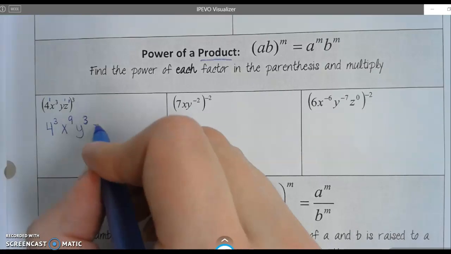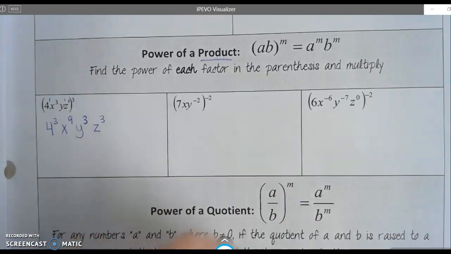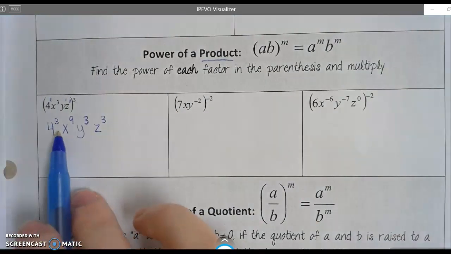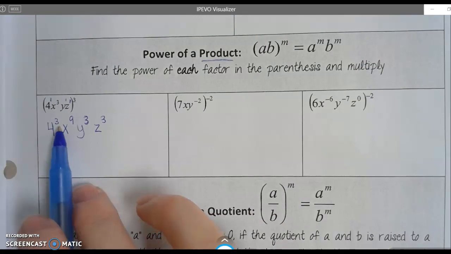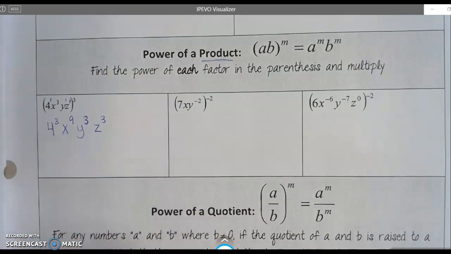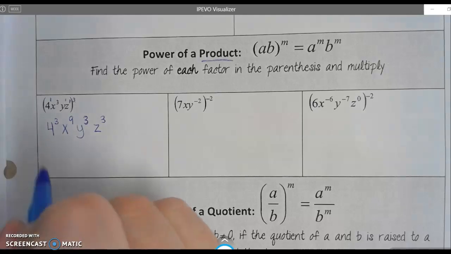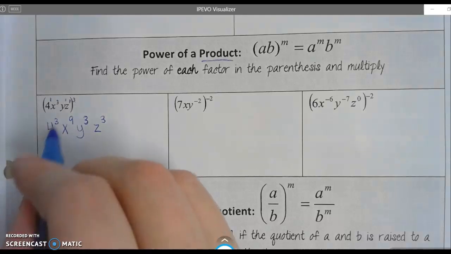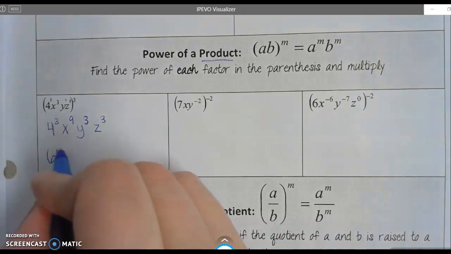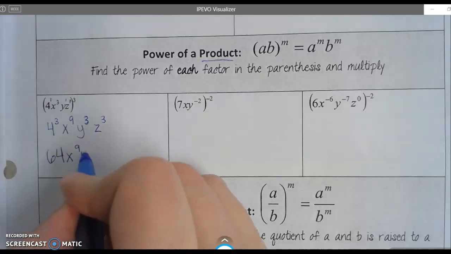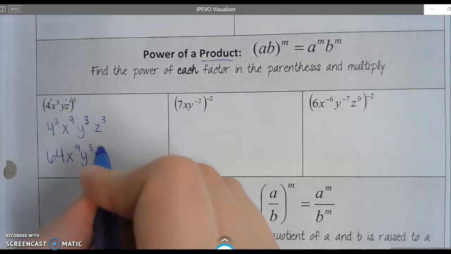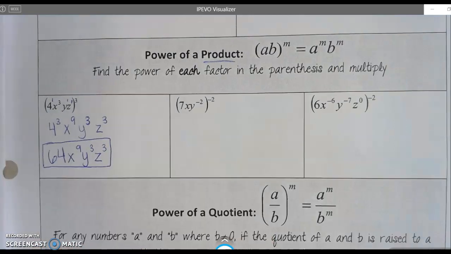And z to the 1st cubed is z cubed. Now you'll find when you have a number that's being raised to a power, this actually can equal a value. So you can either compute in your head or on your calculator that 4 cubed is the same as 64, and then bring down your remaining variables with their exponents. And that is your answer.